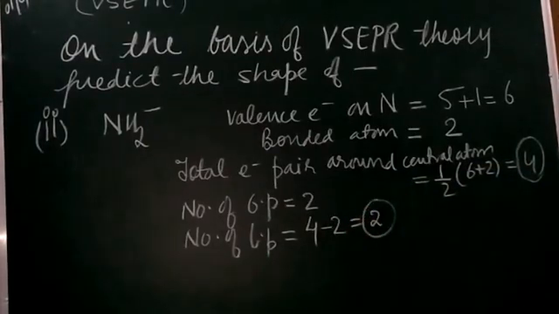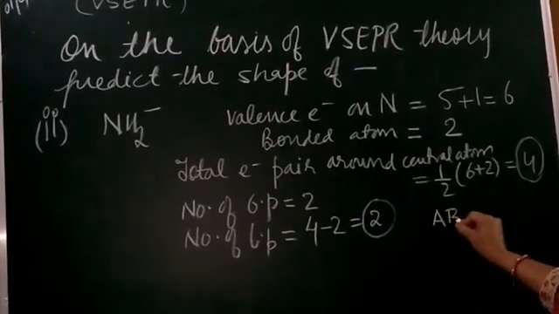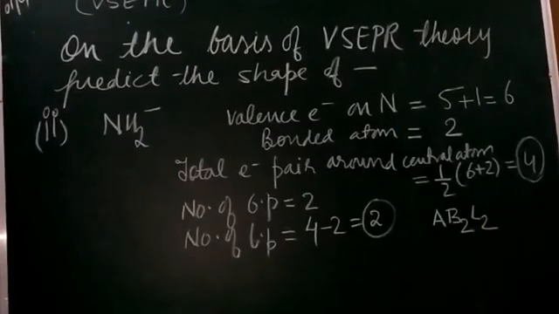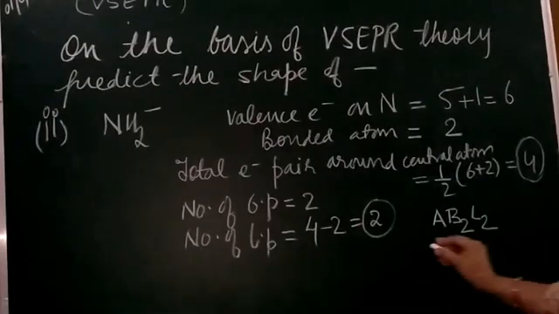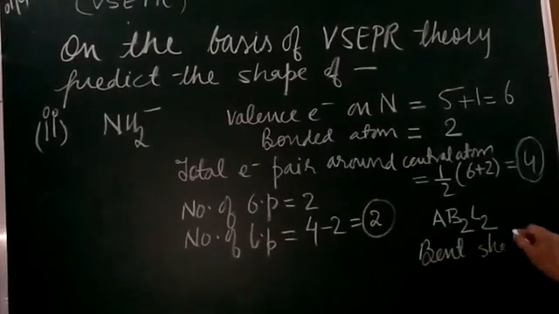So this molecule is of the type AB2L2, and that means there will be 2 bonded atoms and 2 lone pairs. That means it will have a bent shape.